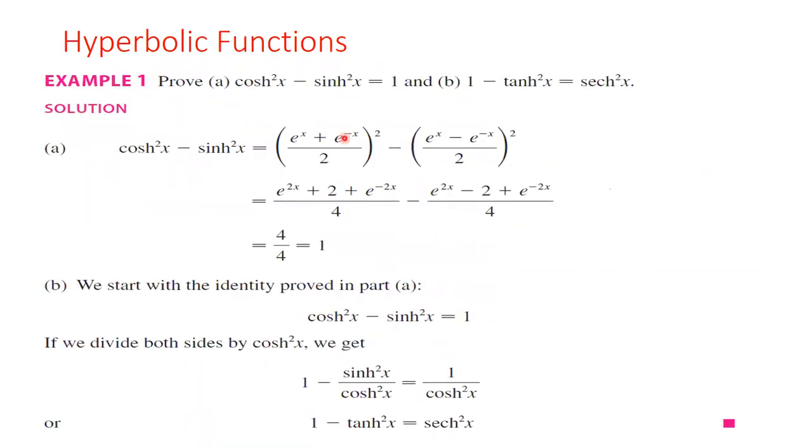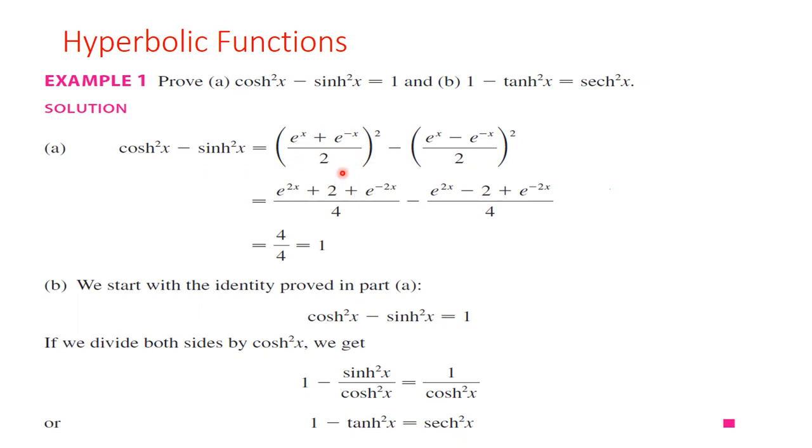Once you know that, you substitute it here, then square whatever represents cosh minus whatever represents sinh. After that, we use BODMAS. Brackets come first, but whatever is in the brackets is already in simplified form, so we move to the second part of BODMAS, which is orders. Orders represent the squares, the square roots, all of those things.